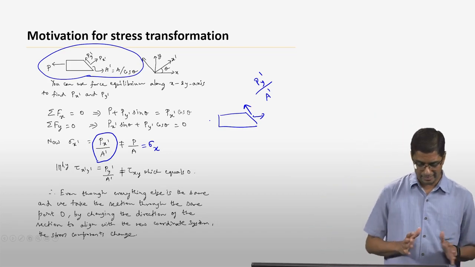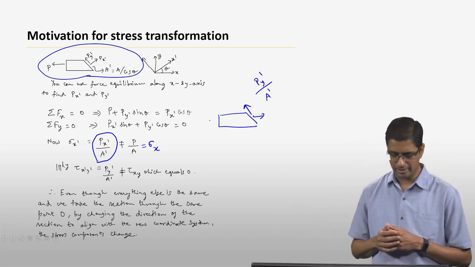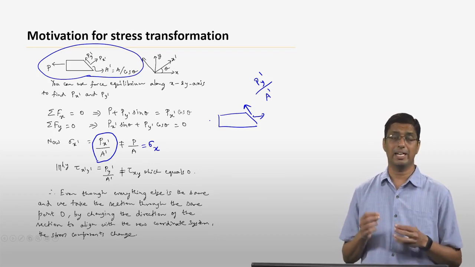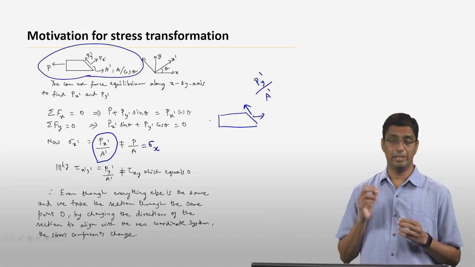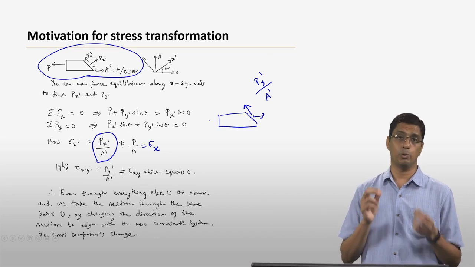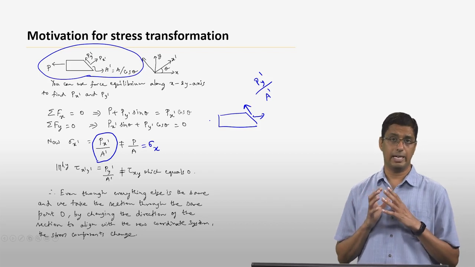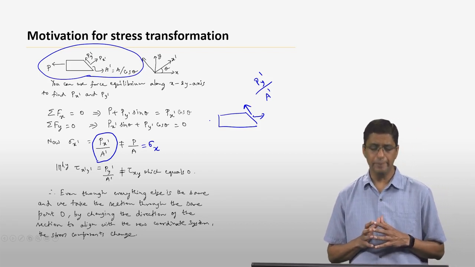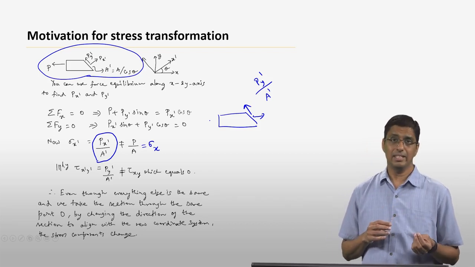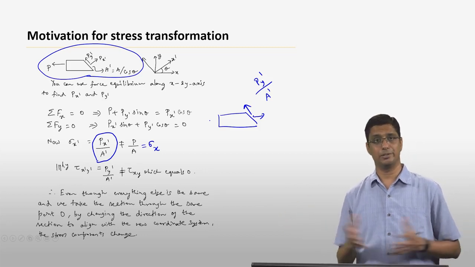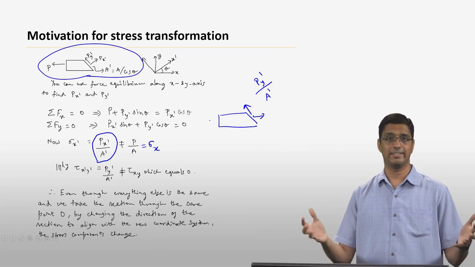So the first thing this illustrates is that the stress components that we evaluate at a point depend very much on the coordinate system that we choose for analyzing the problem. The second thing is, if the stress components keep changing, say you and I analyze the same problem.